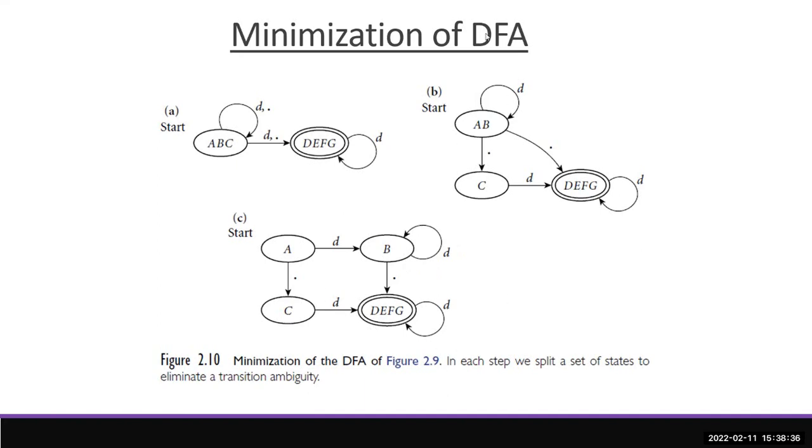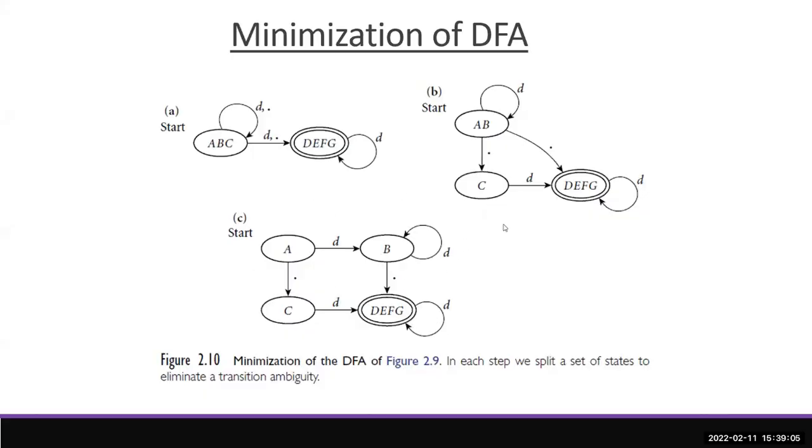So by this, you have no ambiguity. If you look at B, you have D and dot. If you look at A, you have D and dot. If you have C, you only have a D. So no ambiguity. But right here, your AB still has ambiguity, so you further split AB into A state and B state. The final states have no difference; they just take D.